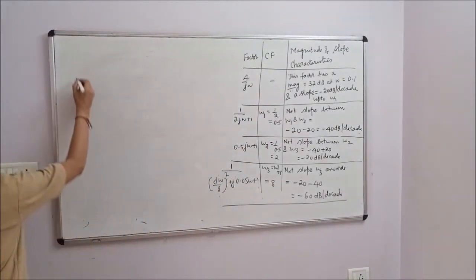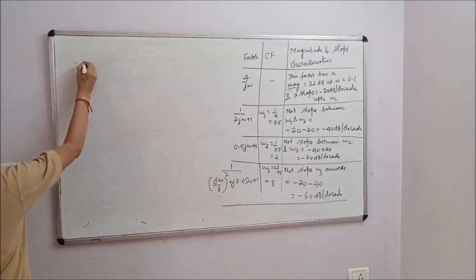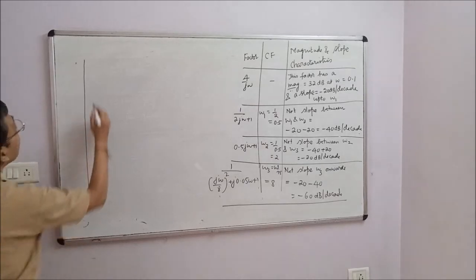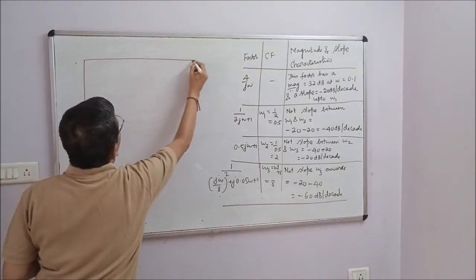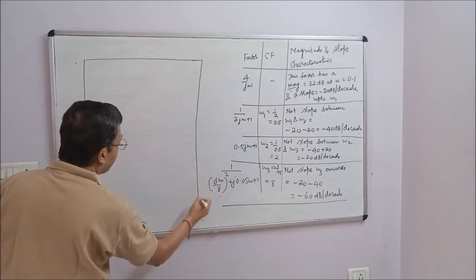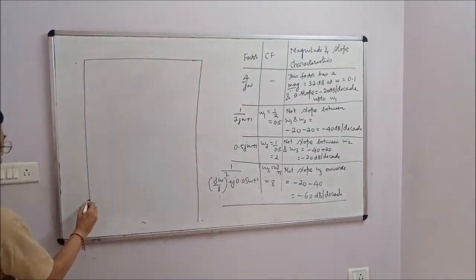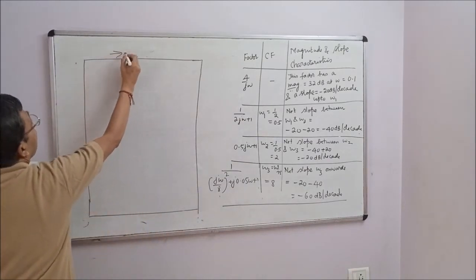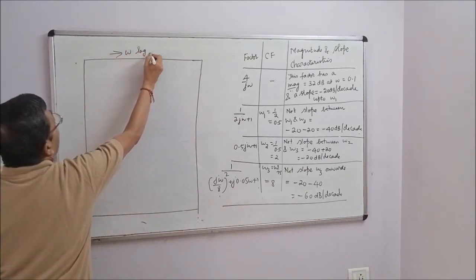The rough sketch I am going to write here. Let us assume that this is the semi-log sheet. This is only a rough sketch. This is for your understanding. X-axis is omega in log scale.